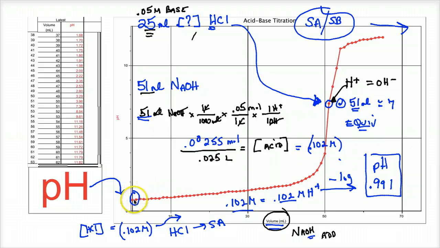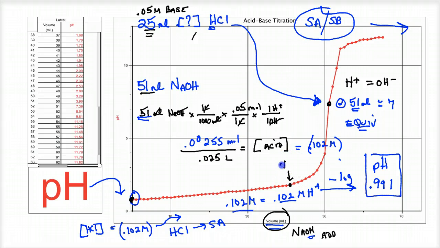Okay, so we've got the initial pH, we've got the equivalence point marked right here. We have the initial pH, and now let's pick a point that's somewhere in between. Let's go pick this point. And this point, if this is 51, this is 50, 49, 48, 47, 46, 45, 44, 43, 42, 41.